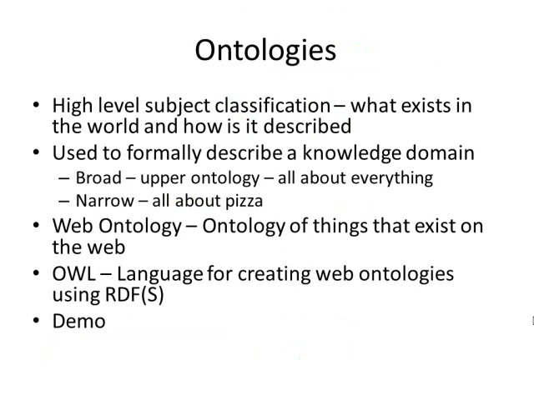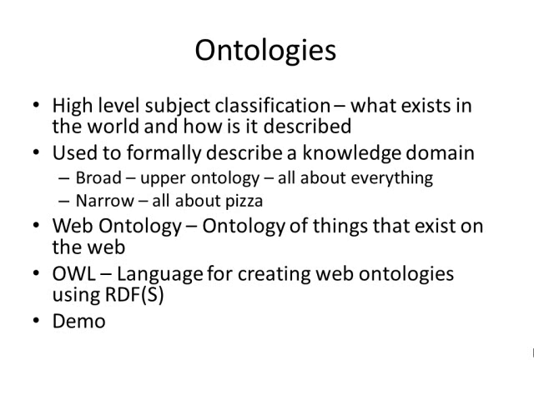So the second term that I need to bring into the picture before we get to the semantic web is the term ontology. It turns out that this term is used loosely in various contexts. In the context that I'm going to use it, this is high-level subject classification.